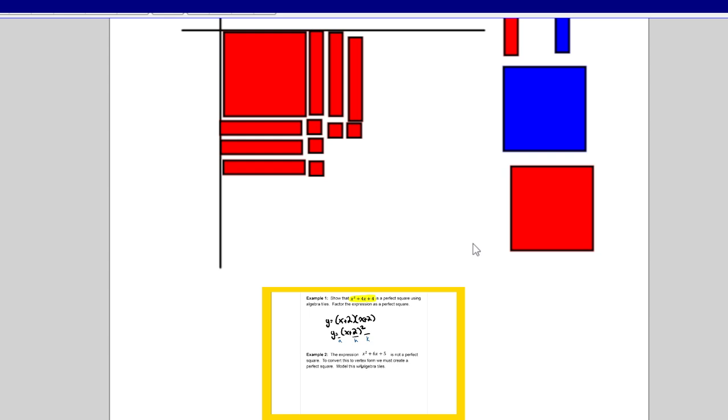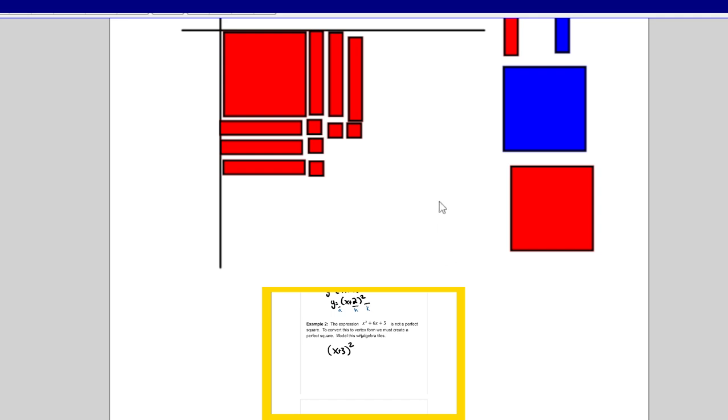Now those are all the pieces I have. Now, if this was to be a perfect square, what would the dimensions be? Well, I'd have an x plus 3 and an x plus 3 along the top. So I'm going to write that out for right now. So x plus 3 times x plus 3. So it'd be squared if it was a perfect square.